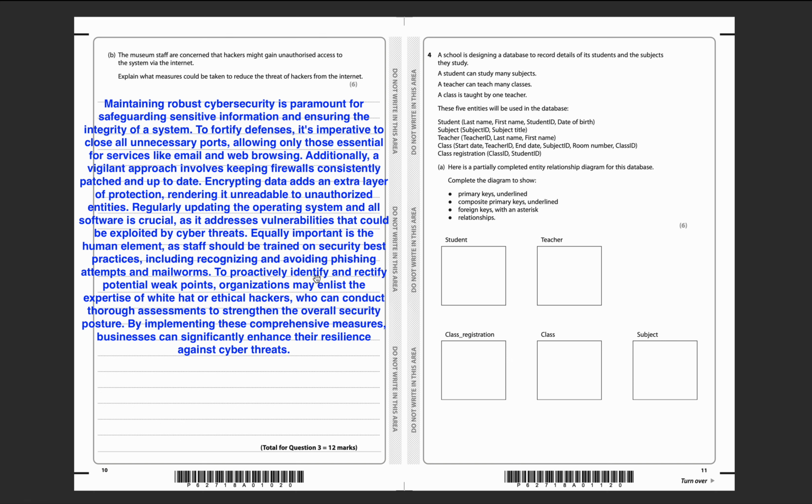To proactively identify and rectify potential weak points, organizations may enlist the expertise of white hat or ethical hackers who can conduct a thorough assessment to strengthen the overall security posture. By implementing these comprehensive measures, businesses can significantly enhance their resilience against cyber threats. So that's all, I hope you understand.